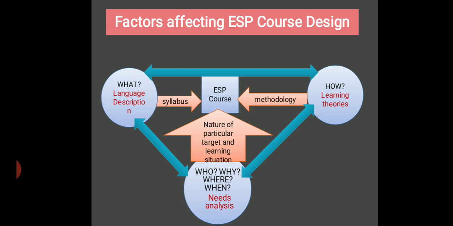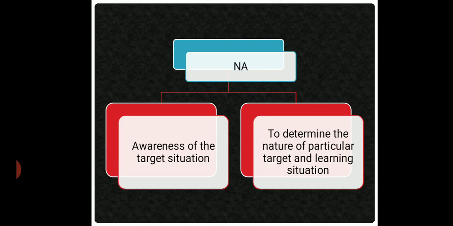Once you collect all of that information, then you can design the ESP course to meet the specific needs of the learners. Now we are coming to the needs analysis. Last semester we talked about needs analysis. Needs analysis is important to help us be aware of the target situation. Remember the target situation?